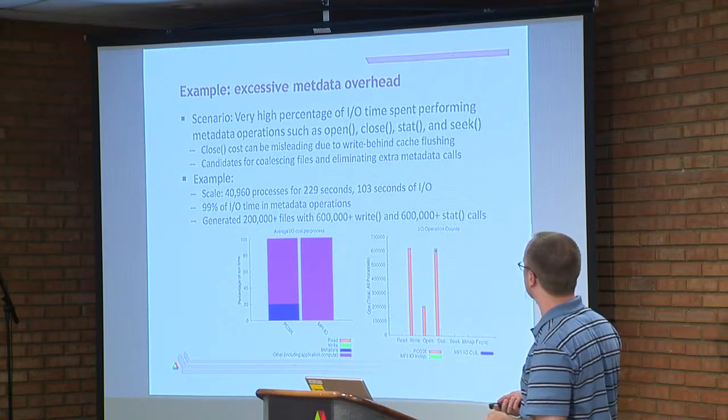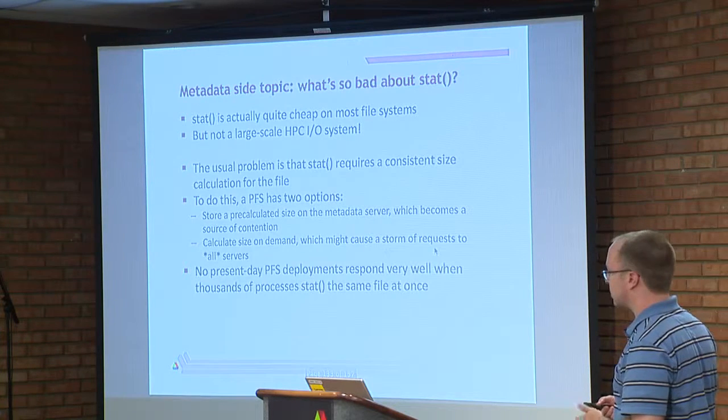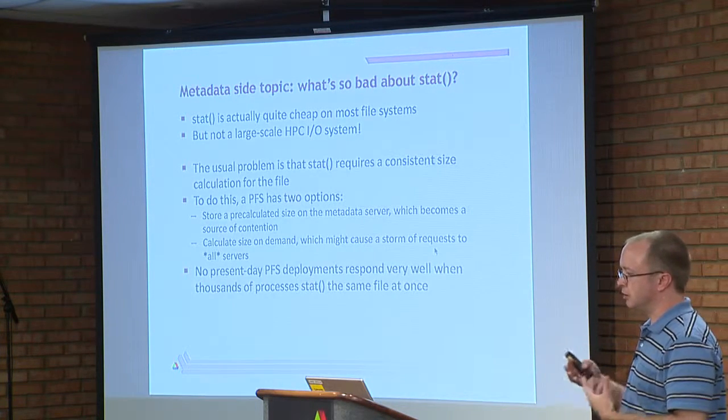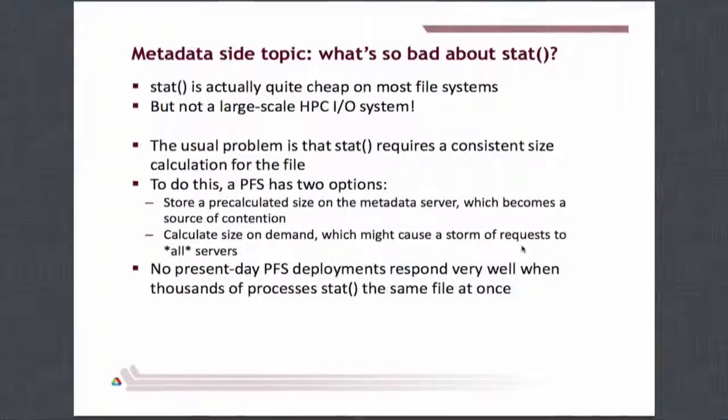and I'll go on a tangent a little bit to tell you why. This kind of feeds back into the you have a lot of bandwidth at your disposal, but latency can be pretty bad. Stat is a good one to pick on because stat can be used for sanity checking. Maybe you run it once at the end to make sure the file's the size you wanted, or maybe one process checks to see if a file has the right permissions on it or something.